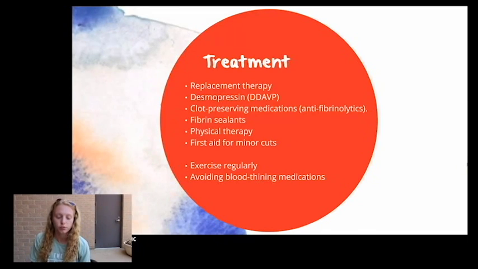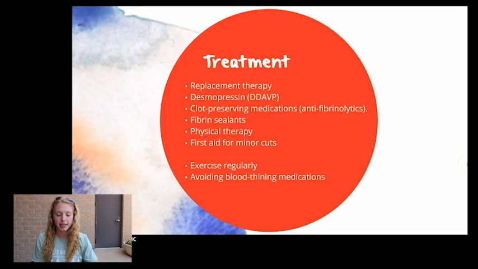The next one is not to take clot preventing medications. If you already have hemophilia, obviously clot preventing medications are not a good idea, because that's going to thin out your blood even more, and it'll make your disease and the side effects from that disease worse.